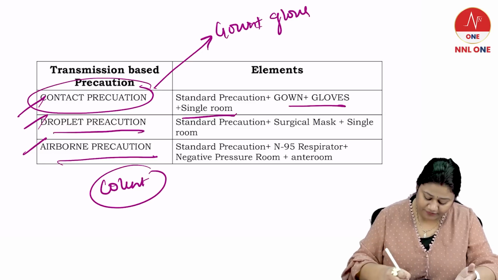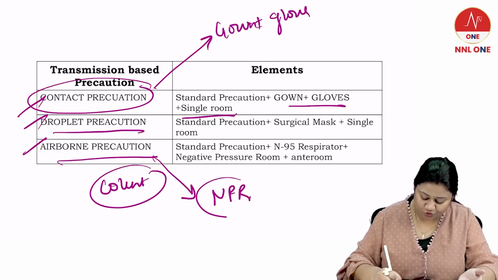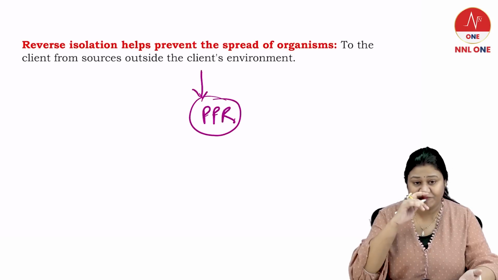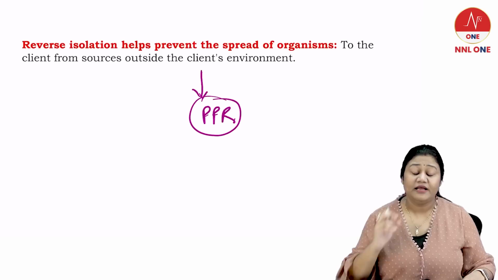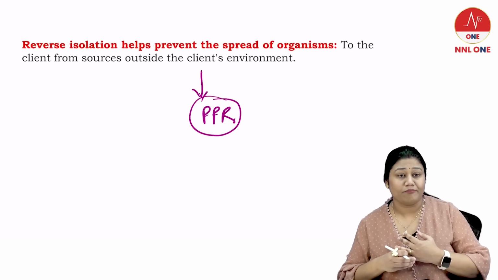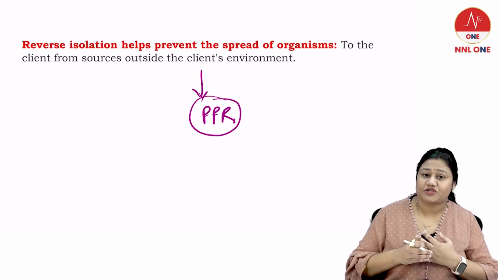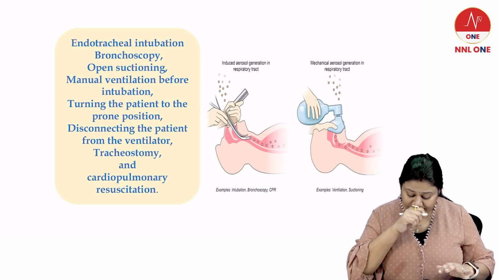And for airborne we place the patient in a negative pressure room, right? Reverse isolation is used to protect patients like transplant patients and those who are immunocompromised, who can easily catch infection, so we place such patients in a positive pressure room.